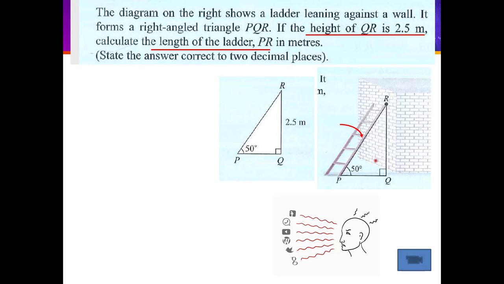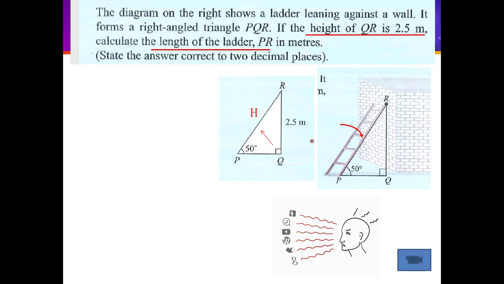So we transform from the everyday life problem to a 2D, two-dimensional diagram. You will get a right angle triangle with the height of 2.5 meters and the angle of 50 degrees, and you are asked to find PR. PR is actually the hypotenuse. Which trigonometric ratio should we use?